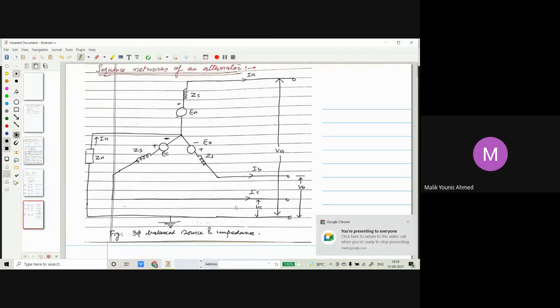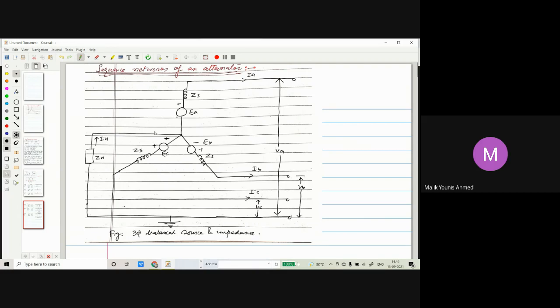You close your audio. Next is sequence network of alternators. So this is another important topic, sequence networks of alternators. Here we have a synchronous generator where the impedances are equal and the voltages, EMFs, are EA, EB, EC in the respective lines.